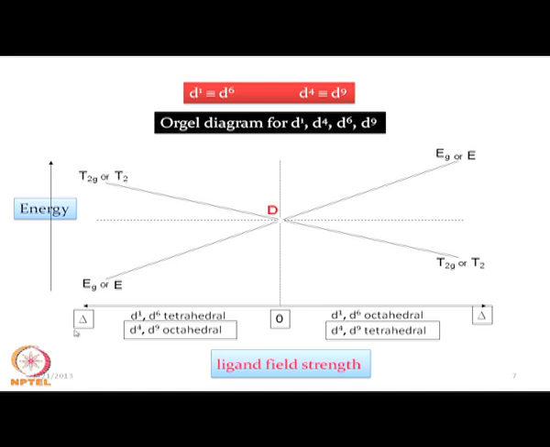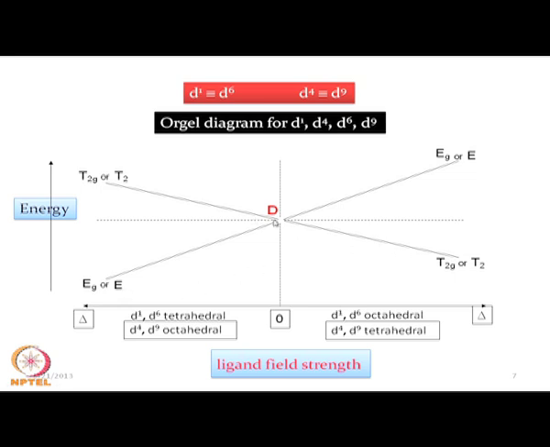D will be split for the D4 and D9 system in the octahedral field with EG as the ground state and T2G as the excited state, or E as the ground state for D1 and D6 tetrahedral, and T2 as the excited state, since the G subscript is missing for tetrahedral symmetry.